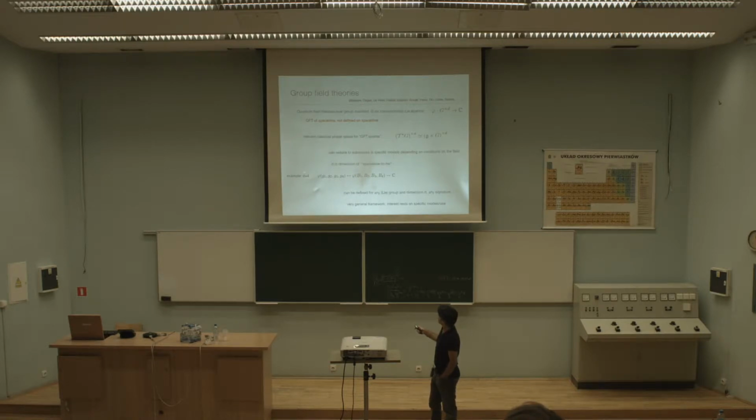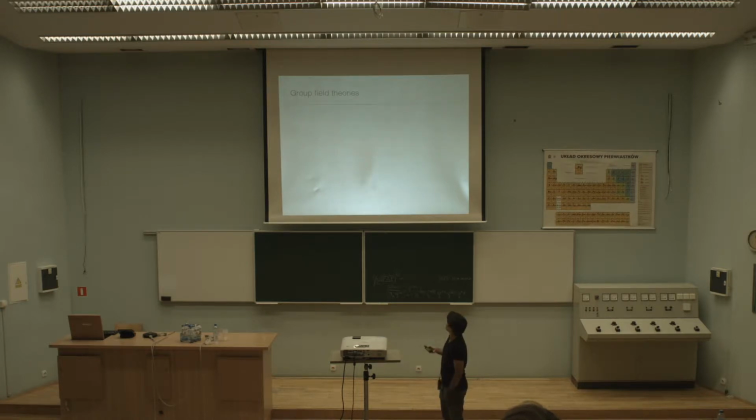So in 4 dimensions, if you're interested in 4-dimensional models, then you have 4 copies of a group, so the field is a function of 4 group elements, or using momentum space, a Fourier transform, then it's a function of Lie algebra elements. The interest, of course, is not in the general framework, but in specific models.